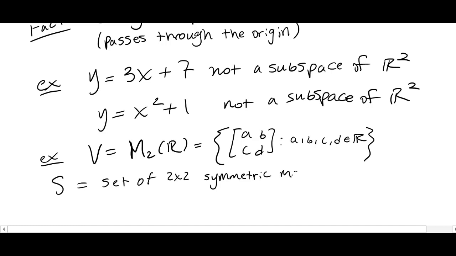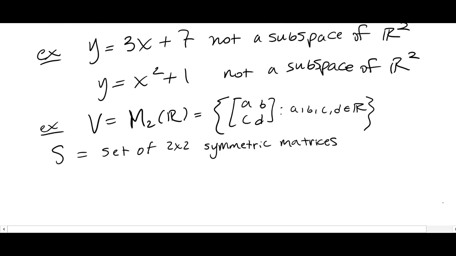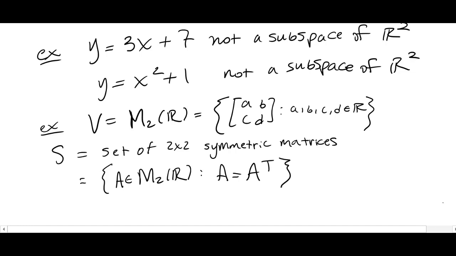So this is a subset, but is it a subspace? This is a set of matrices A in M2R that are equal to their transpose. A equals A transpose. That's what it needs to be symmetric.